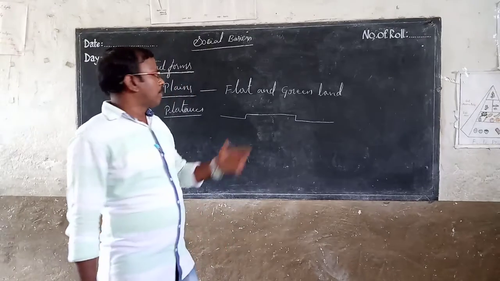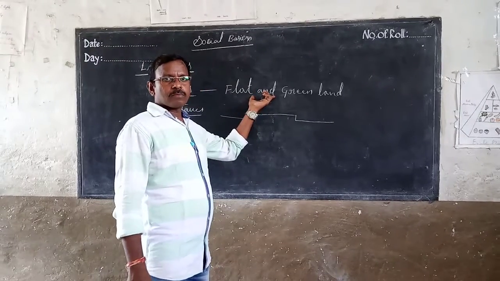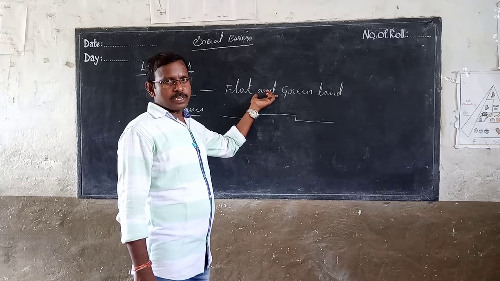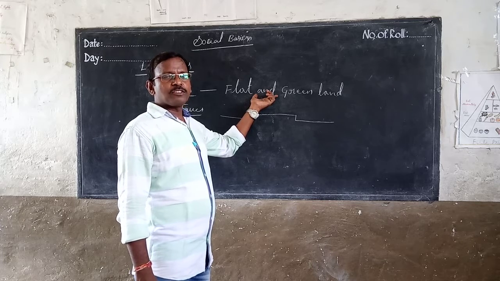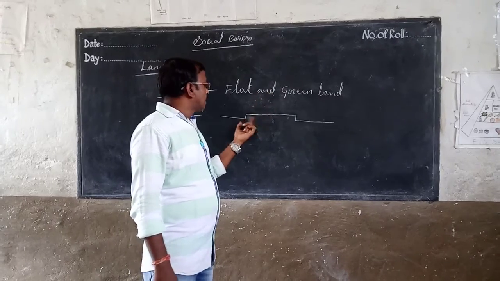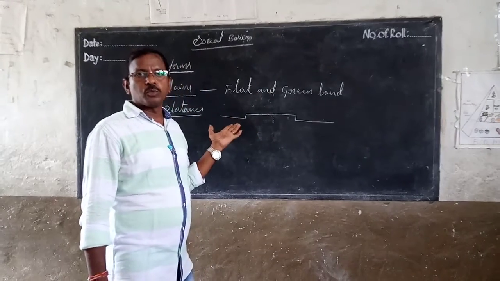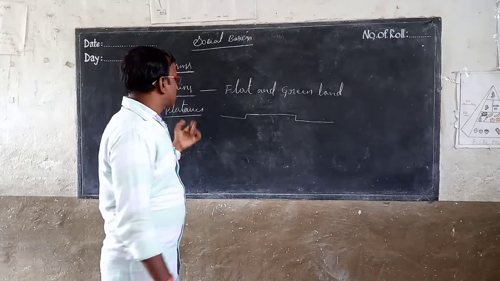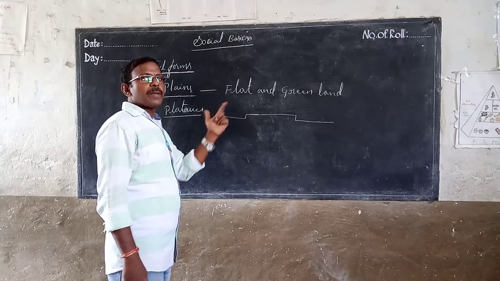We have plains like the Indo-Gangetic plains in India, and the Krishna Godavari plains in our state. And plateaus like the Deccan Plateau, Malwa Plateau, and Chota Nagpur Plateau, a little bit higher than plains.